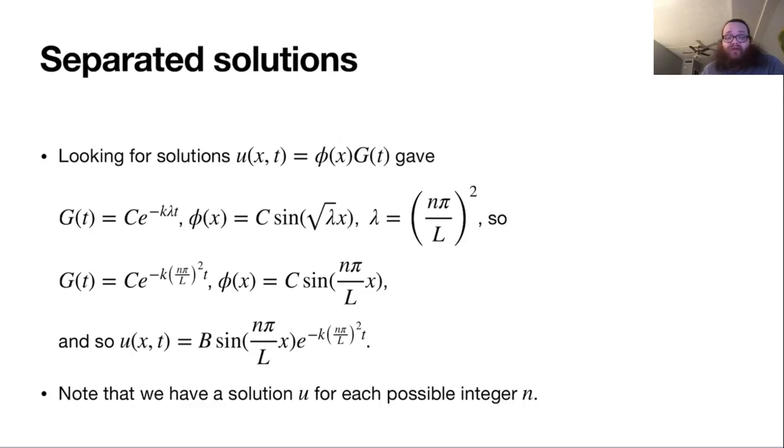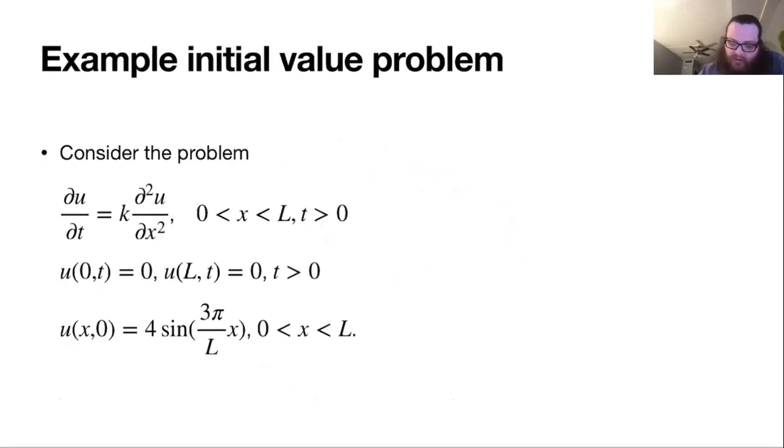When we solved this eigenvalue problem, we didn't get any information about what n could be, so a priori any n could work. But presumably in specific problems, they'll tell us what n should be. So let's look at an example of that.